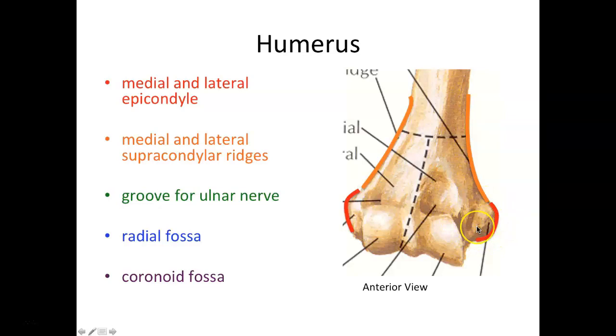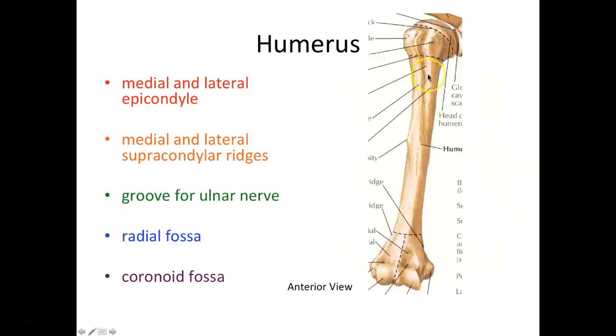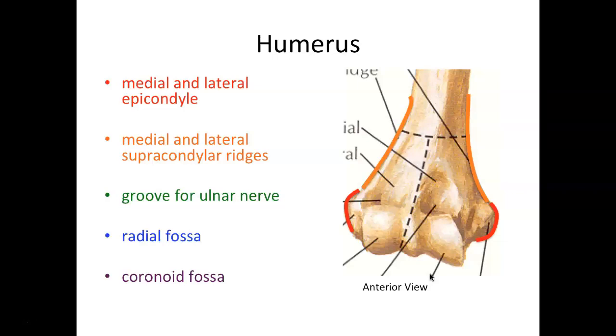The reason I know the difference between medial and lateral is one, if you go back to the entire humerus, you'll see that the head of the humerus is always facing medially, so that's your medial epicondyle, but also your medial epicondyle is always larger than your lateral epicondyle. If you feel your elbow on the two sides, you'll feel that bump sticking out, and that is your medial epicondyle.